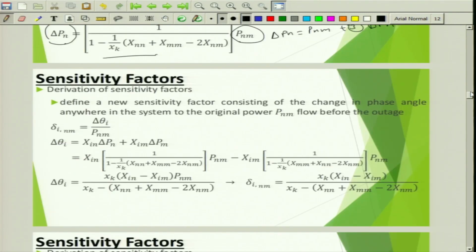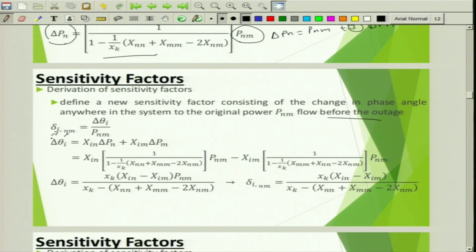Now define a new sensitivity factor consisting of the change in phase angle anywhere in the system to the original power Pnm flows before the outage. That means there is a change in phase angle at bus number I due to change in power flow between bus number n and bus number m. This is what is the reality also.